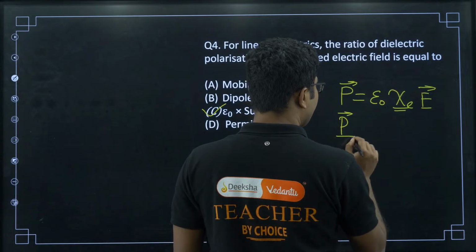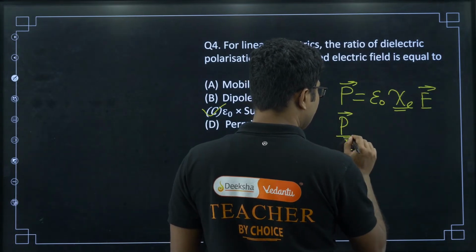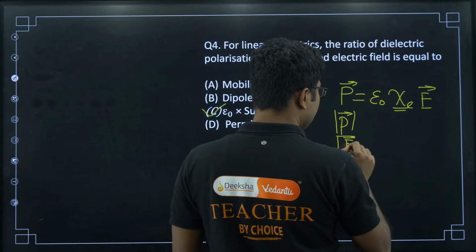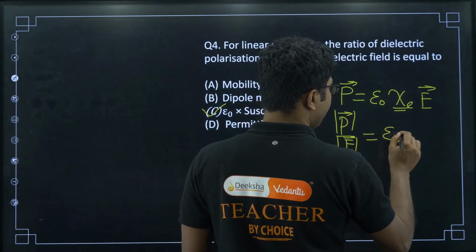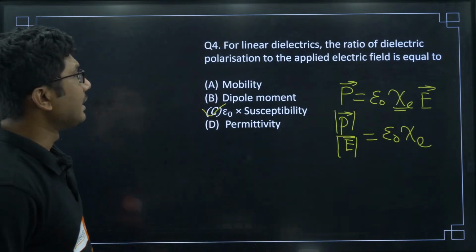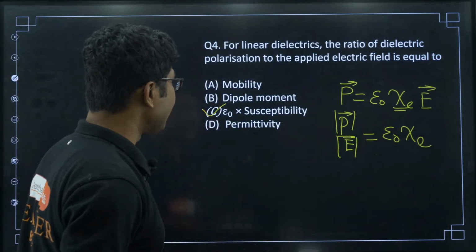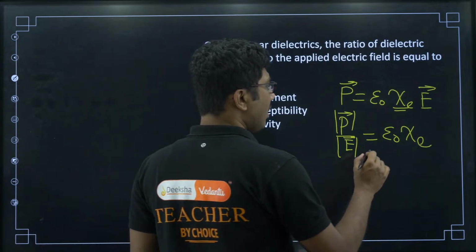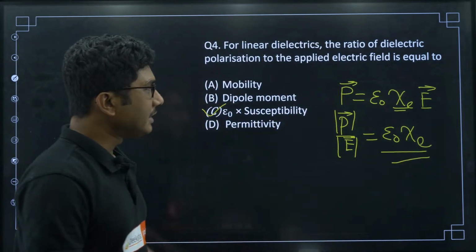So, P divided by E, if you take the modulus, is epsilon naught chi E. So, for linear dielectrics, the ratio of dielectric polarization to the applied electric field is equal to epsilon naught times chi. This is the important formula.